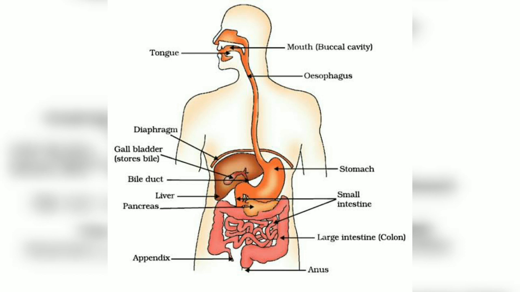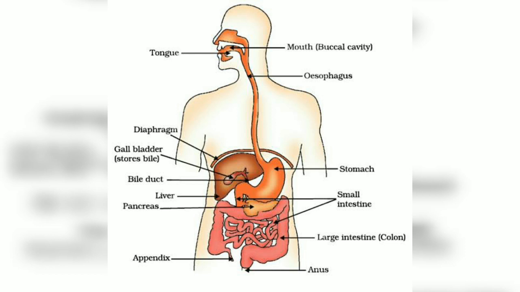Following the stomach is a highly supercoiled structure called the small intestine. The small intestine is about 6 meters in length and is very narrow. From the small intestine, the food passes to the large intestine, which is 1.5 meters in length and is broad as compared to the small intestine.